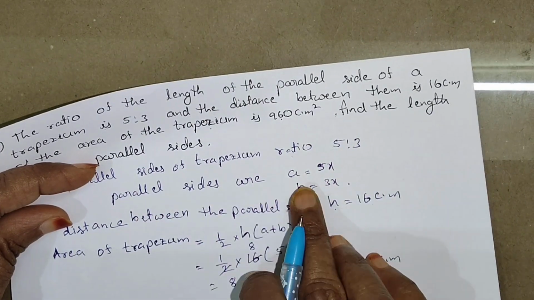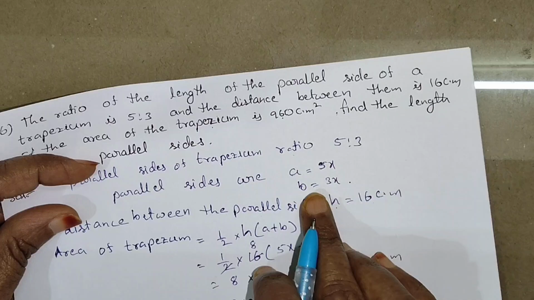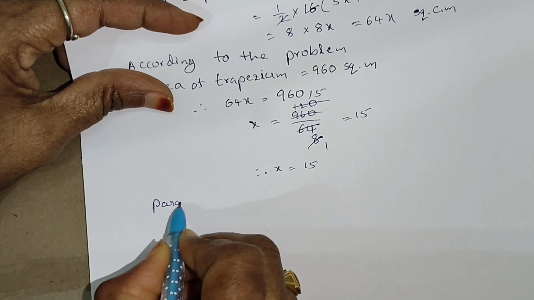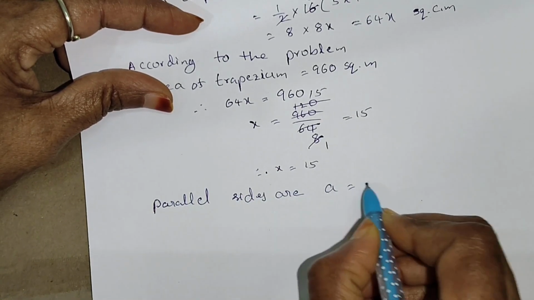So this 15, here we substitute in the parallel sides A and B. Now here parallel sides are coming. A is equal to 5x.